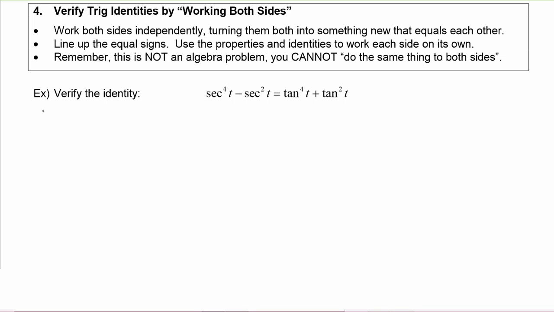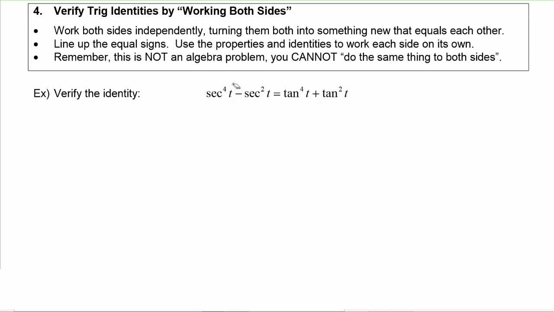So let's look at this first example where we have to verify the identity here. You can see that both sides are very similar to each other, and hopefully your first instinct is to factor each side. So let's look at the left-hand side first.